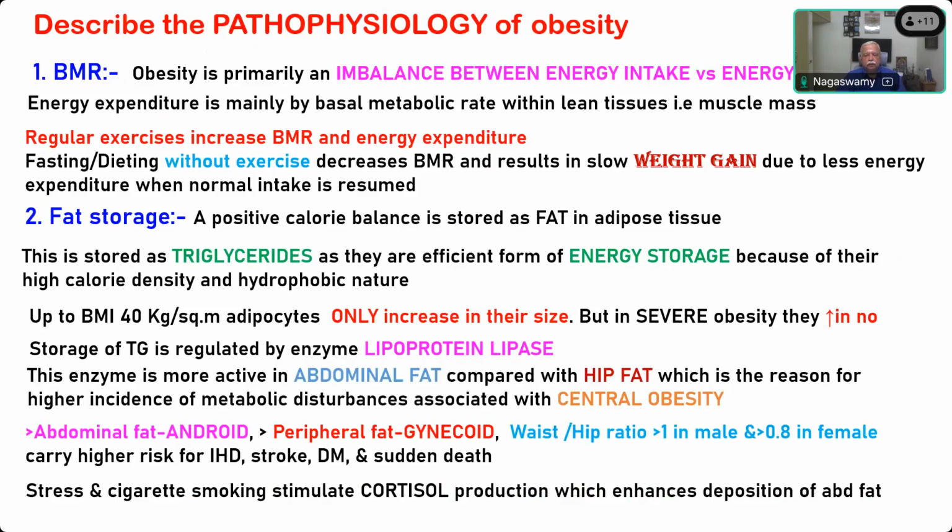Because by straight away doing the bariatric surgery, if the patient does not follow the rules post-operatively, there will not be enough weight reduction. The surgery will be a total failure. So you have to remember that nowadays a lot of bariatric procedures are being done for obesity. So this point you have to keep in your mind.